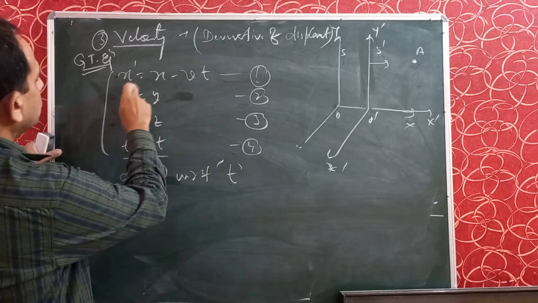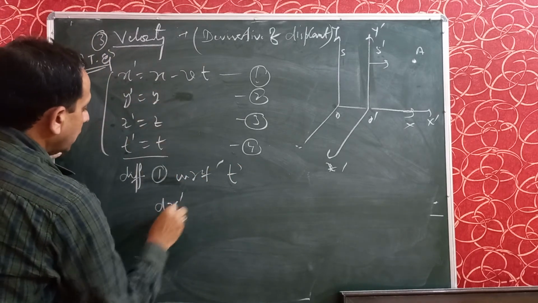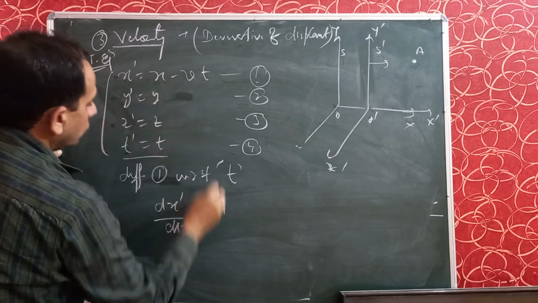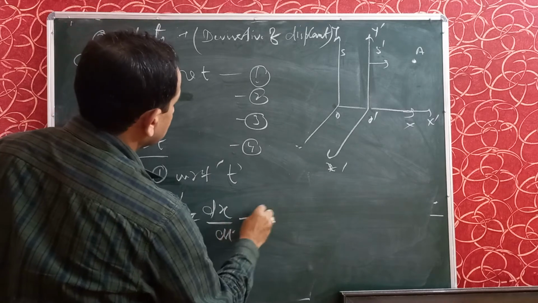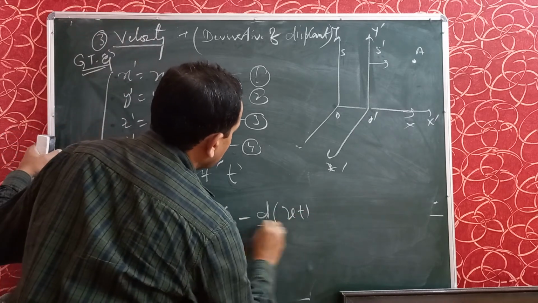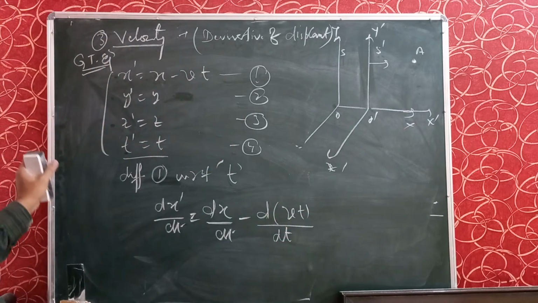So it is dx' upon dt is equal to dx upon dt minus d of vt upon dt.